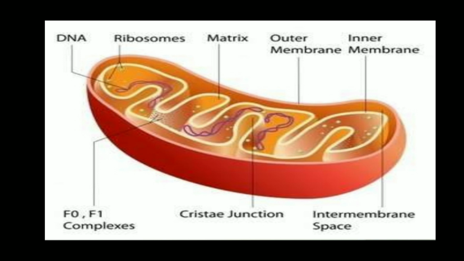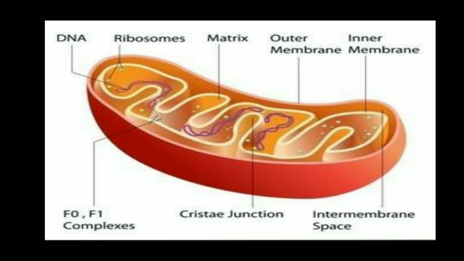But there is some speciality in the mitochondria. The inner membrane shows inner folding, so that's why it looks zigzag, right? So this is the inner membrane, and inside this inner membrane there is a gel-like substance like the cytoplasm of the cells, which is called the matrix.